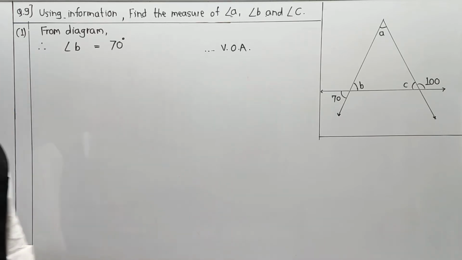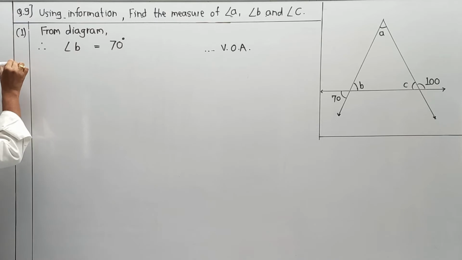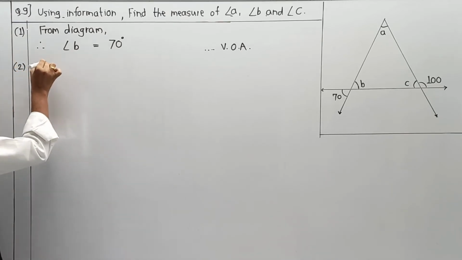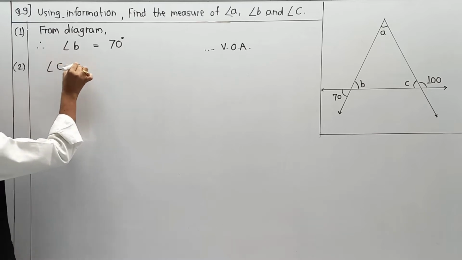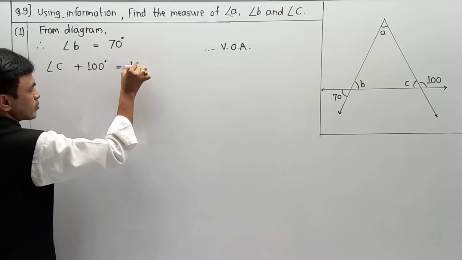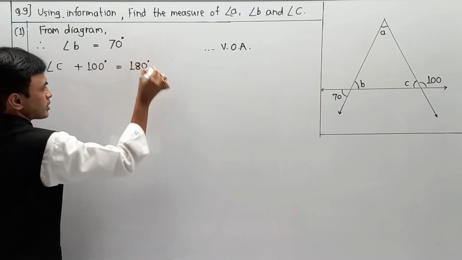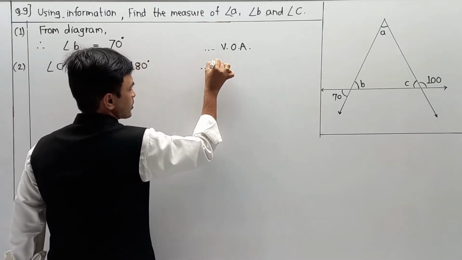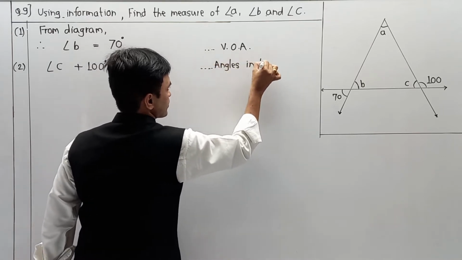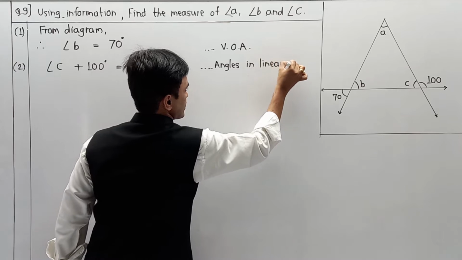Now we are moving to angle C. Next, angle C plus 100 degree is equal to 180 degree. Reason, angles in linear pair.